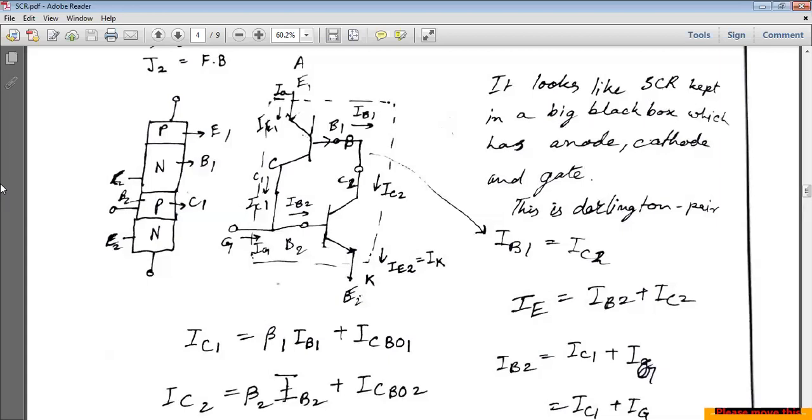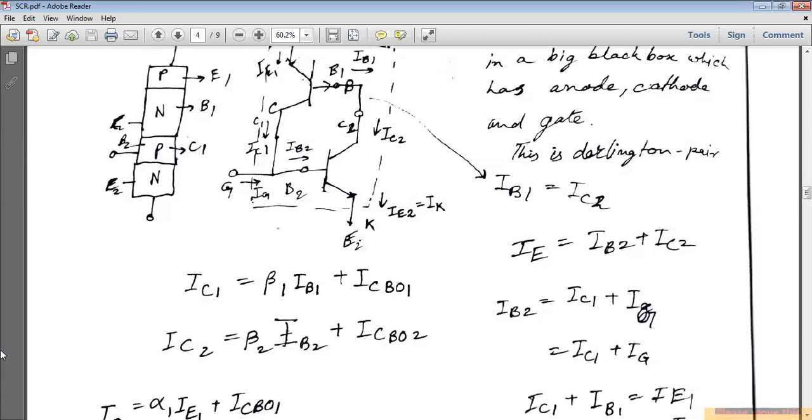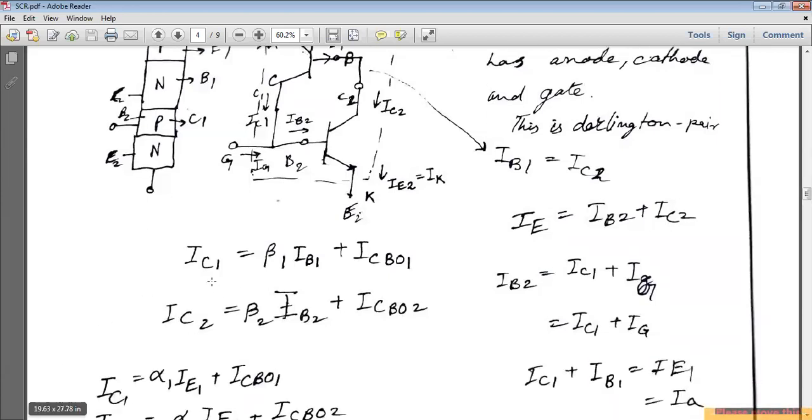Now what is the collector current? IC1 equals beta 1 IB1 plus ICBO1. ICBO1 is the leakage current. Similarly IC2 equals beta 2 IB2 plus ICBO2.